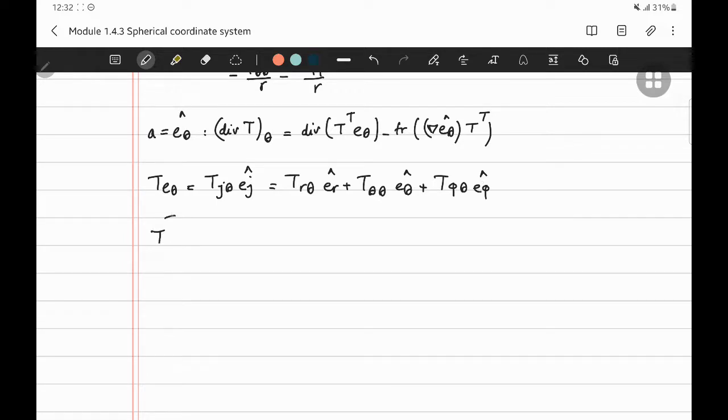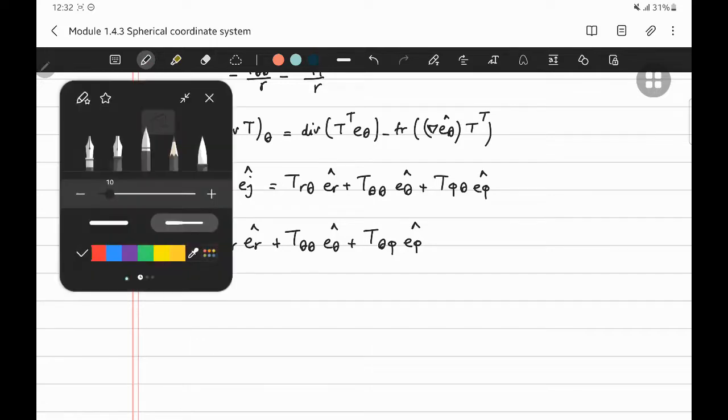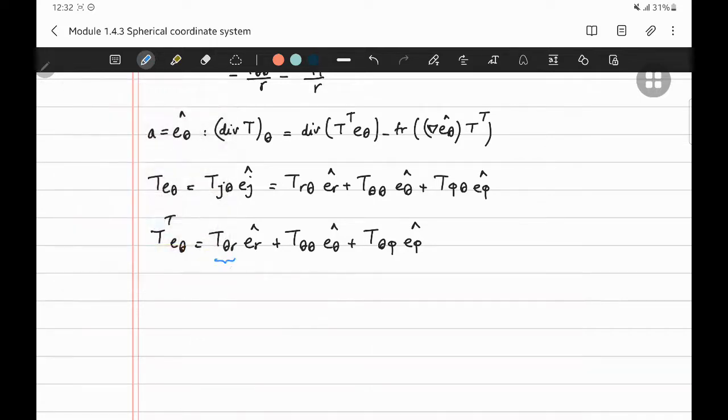And the T transpose obviously is T_theta R here, swap the subscripts, plus T_theta theta E theta plus T_theta phi E phi. And this is nothing but V_R, V theta, V phi.